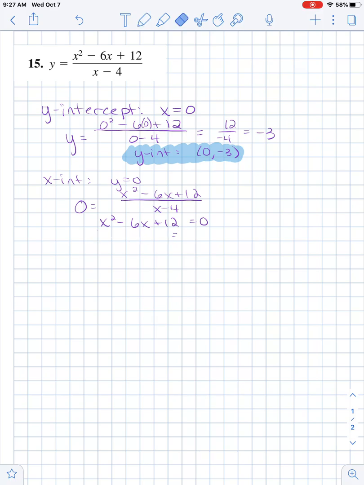Since this is not factorable, I'm going to try the quadratic formula, because it can give me a decimal value for the x-intercepts.